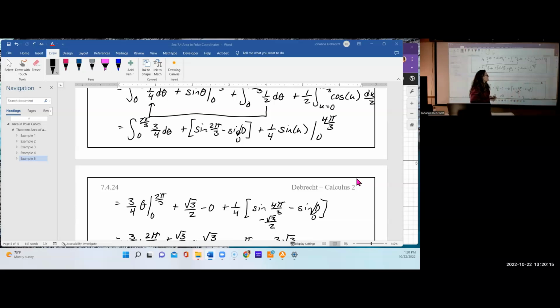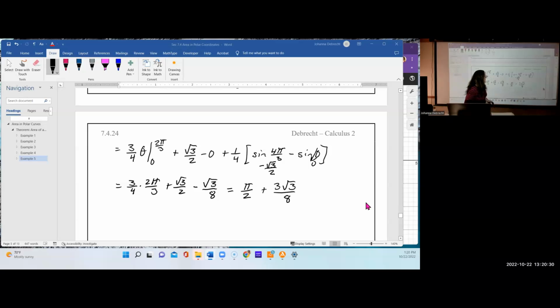And I changed the limits of integration to u values. Again, the sine of 4 pi over 3 is around in quadrant 3, so sine is a negative root 3 over 2. Sine of 0 is 0 again. So when I work this out, I end up with pi over 2 plus 3 root 3 over 8.